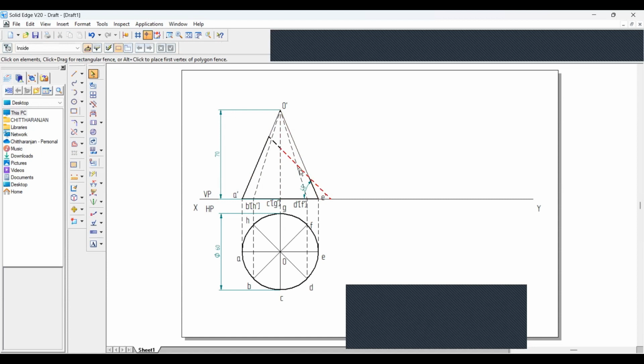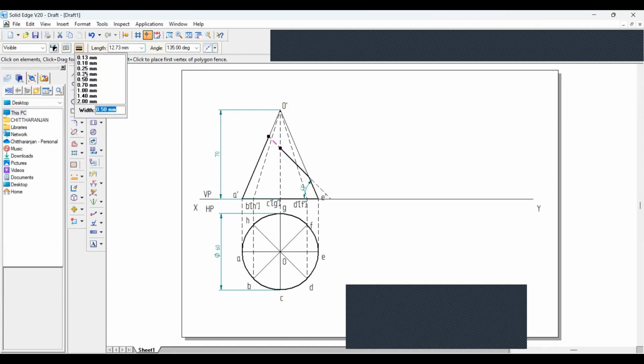And now this line should be a thickness of 0.25. And again, we have to split this also. Make this line thickness 0.50 and it should be continuous.